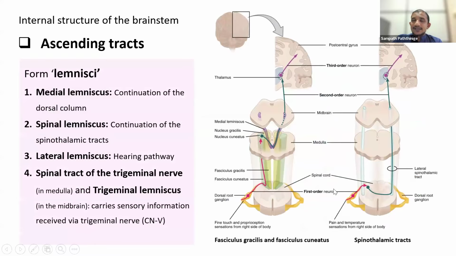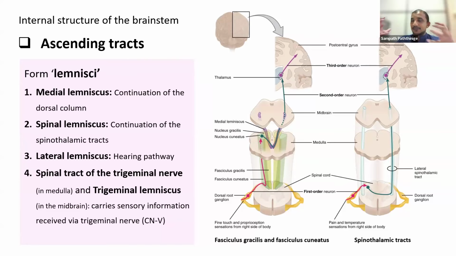Then we have the ascending tracts in the brainstem. They are arranged as lemnisci. The posterior column fibers continue as the medial lemniscus. The spinothalamic tracts ascend as the spinal lemniscus. Then there is an ascending hearing pathway, which is the lateral lemniscus.